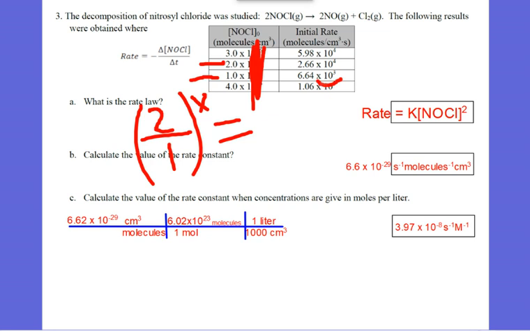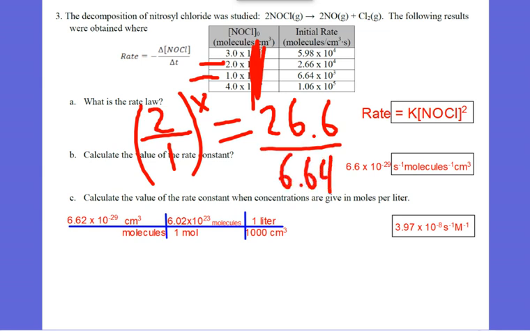Now when you look at these values though, those exponents don't match. The top value is 10 times bigger. 2.66 is 10 to the 4th, so it's actually 10 times bigger. So I'm going to write it as 26.6, making that number 10 times bigger than the way it's written, divided by 6.64.